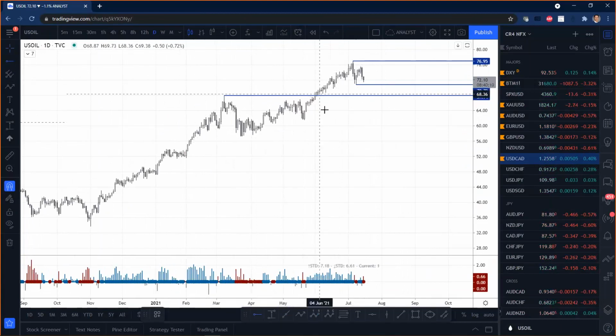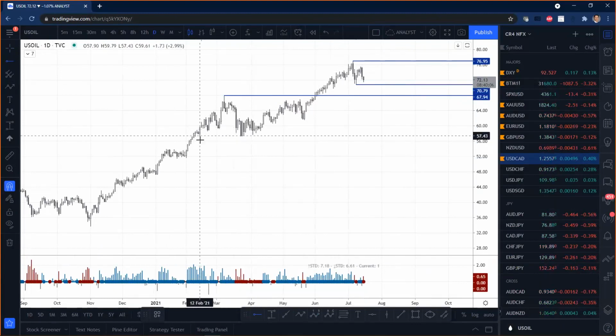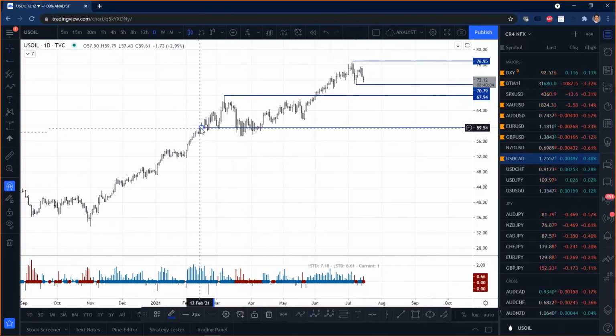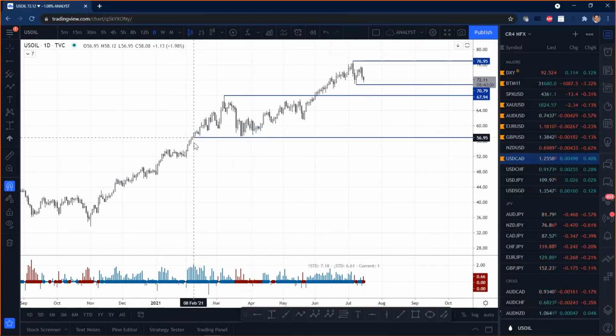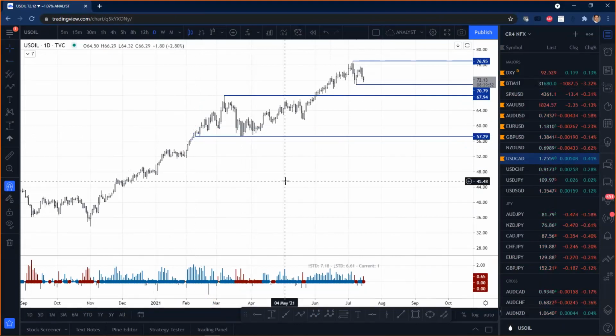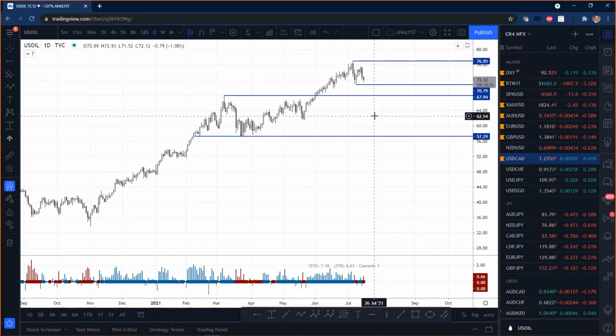Otherwise, you've got these other areas where price had some trouble moving lower, more as targets than anything else, not so much for initiating entries.